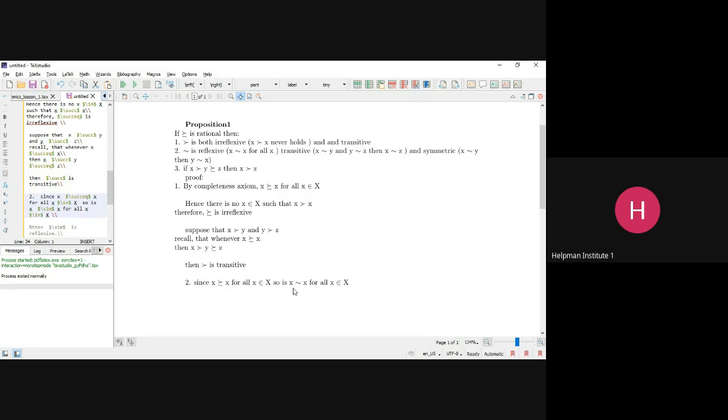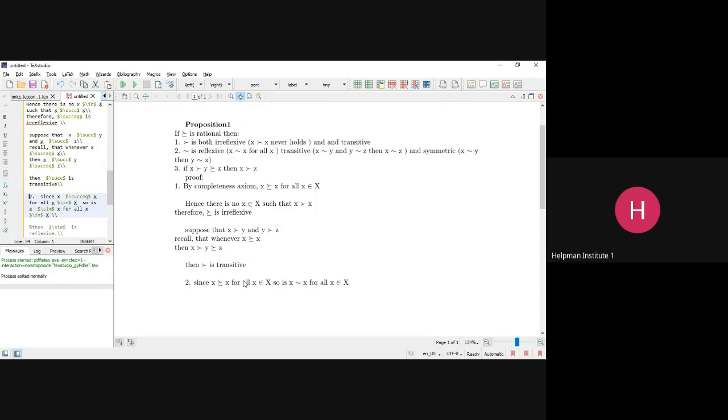Whenever x is indifferent from x, for x in our preferences, definitely we can also say that x is at least as good as x. So these two statements are the same thing: x is at least as good as itself, x is indifferent from x. We are saying the same thing.